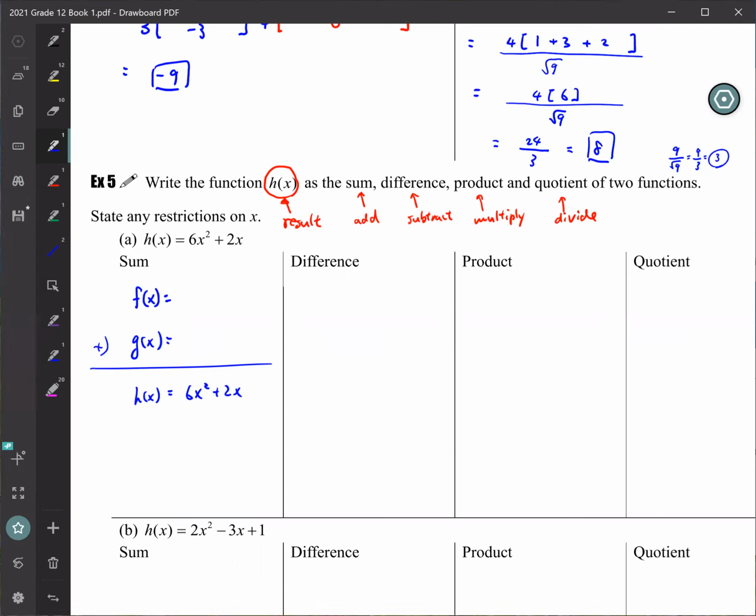I don't think everyone will get the same answer. There are no wrong and right answers, as long as they add up to h of x.